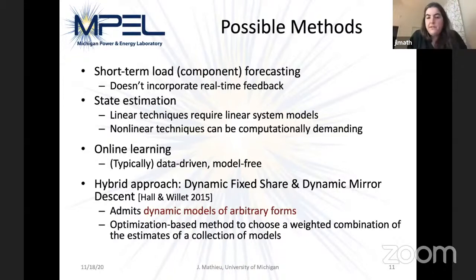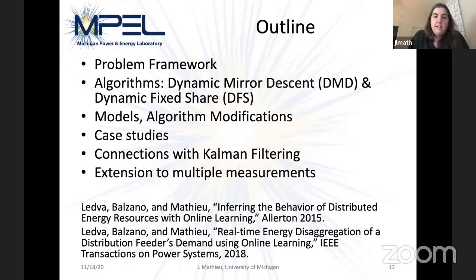There are actually two parts of the algorithm, dynamic fixed share and dynamic mirror descent, but it leverages dynamical system models. Fortunately, they can be of any form. We're not optimizing over the models, we're just evaluating the models, so they can be nonlinear. But we use an optimization-based approach to determine which models are performing well and which ones aren't to improve our estimates. So I'll talk a little bit about that next.